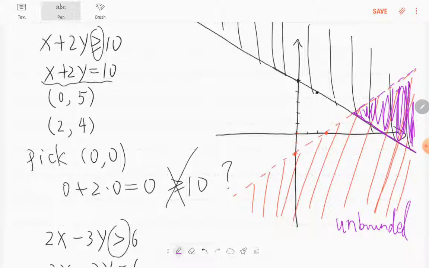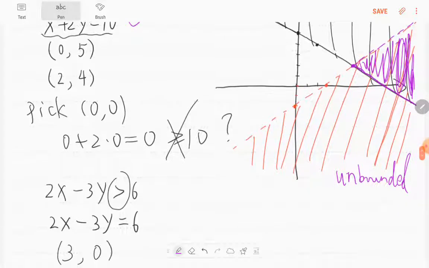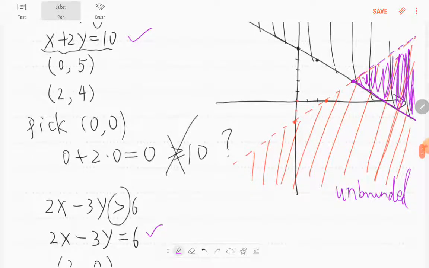And this is the corner point. If you put these two equations together to form a linear system and solve it, you will see this corner point is 6 and 2. Okay, this is the corner point.